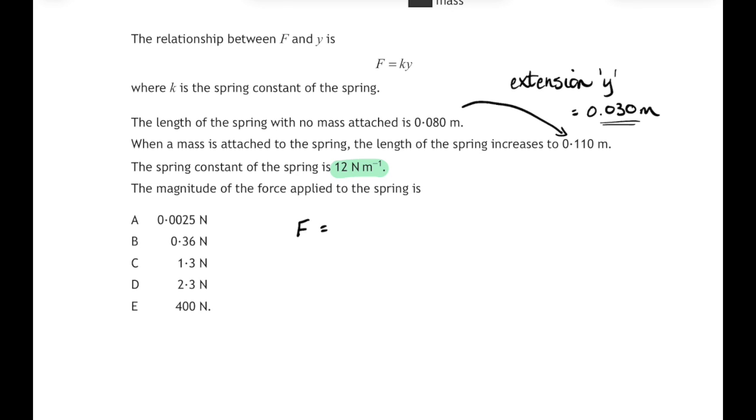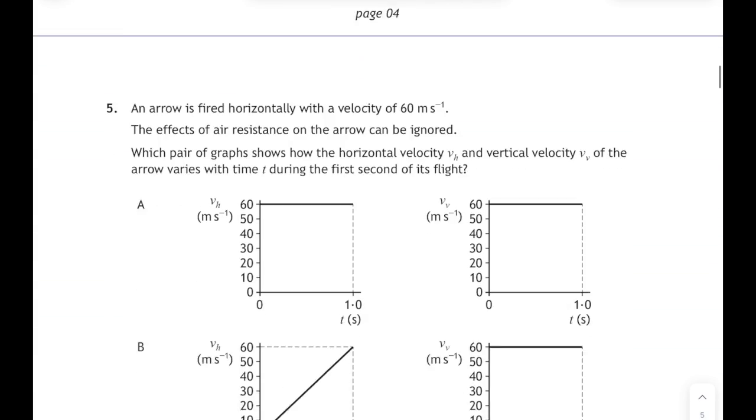And we have to work out the magnitude of the force applied to the spring. So let's just put those two numbers into that relationship. The k is 12 and the extension was 0.03. If you do that in your calculator, it gives you an answer of 0.36 newtons, and that corresponds to answer B. Okay, moving on. Question 5.